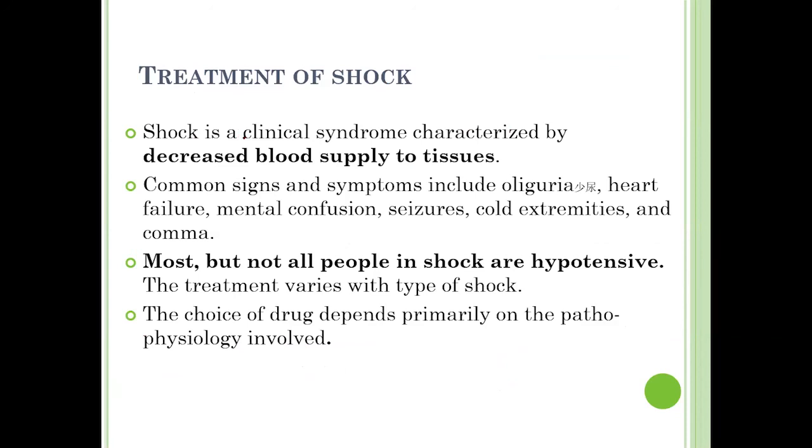The symptoms of shock basically happen because of decreased blood supply to the tissues. The common symptoms are less urination, and it can also cause heart failure, mental confusion, cold extremities, and people can even lose consciousness.